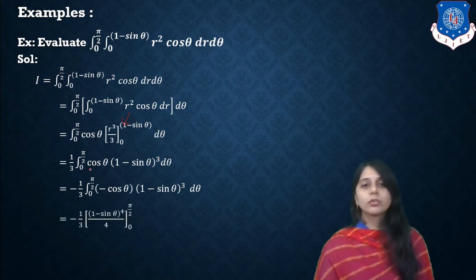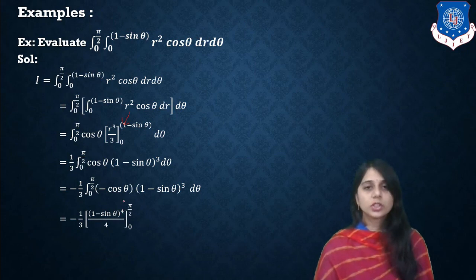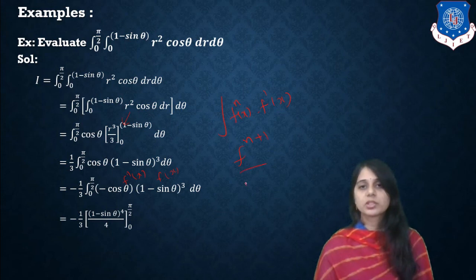Now we multiply by minus: minus cos theta times 1 minus sine theta raised to 3. It becomes 1 minus sine theta raised to 4, because it is your function f of x and f dash x. The integration of f raised to n into f dash x gives f raised to n plus 1 by n plus 1.